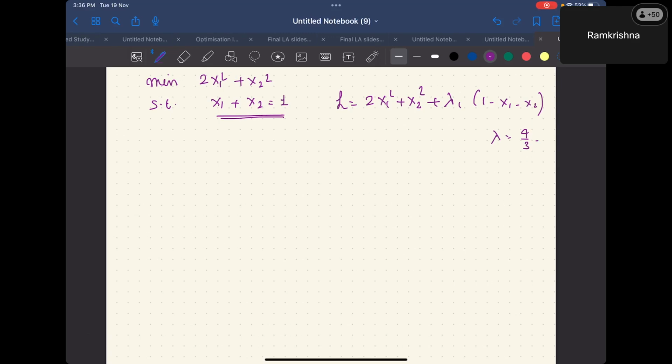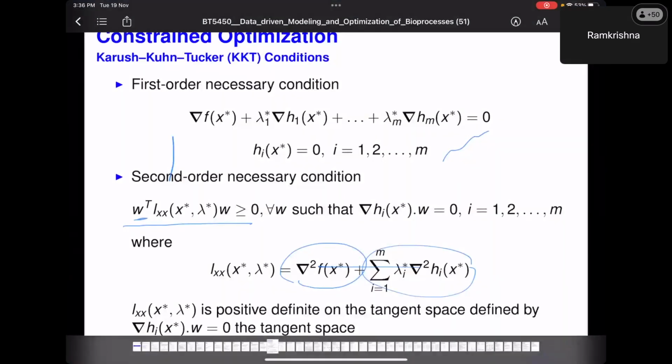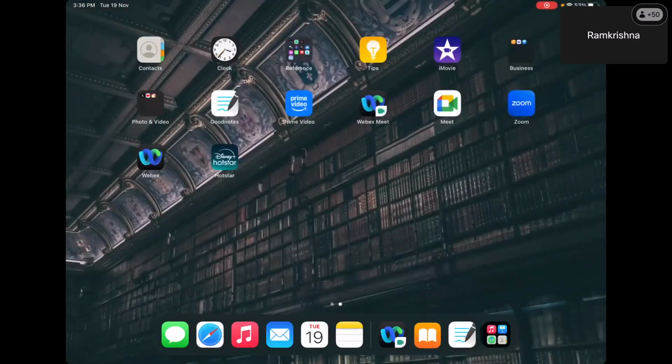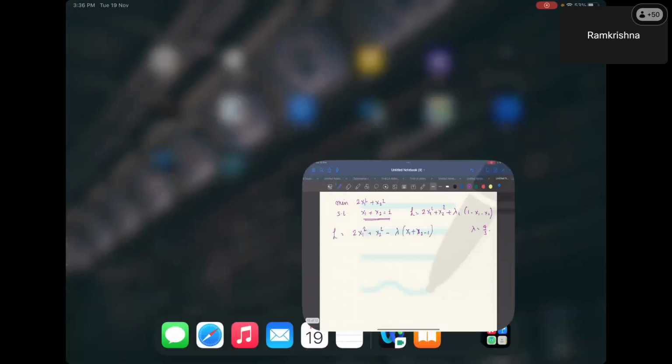Now let me try to do this by applying the Lagrangian. Maybe we can also take up a pen and paper and do this, right? So the L here will look like 2x1 square plus x2 square minus lambda times (x1 plus x2 minus 1). What are the first order conditions that I'm looking at?